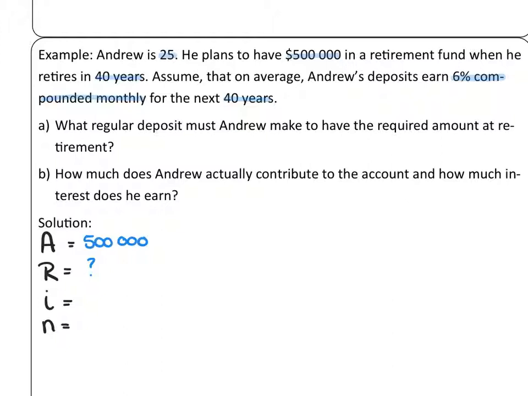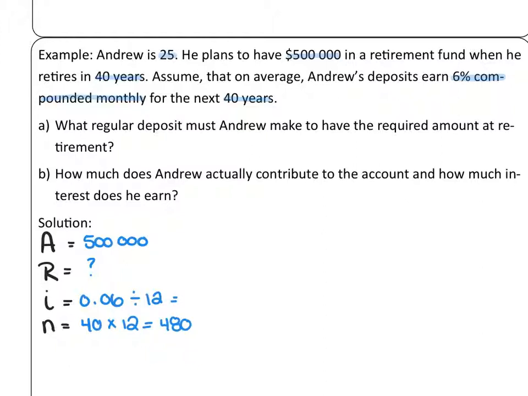So we'll turn the 6% into decimal form, 0.06, and we'll divide it by 12 because we're doing it monthly. And then N is 40 years. They've given that to us, but it's every month, so it's 480 times. Let's calculate that.